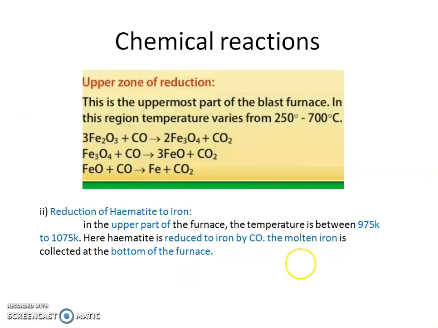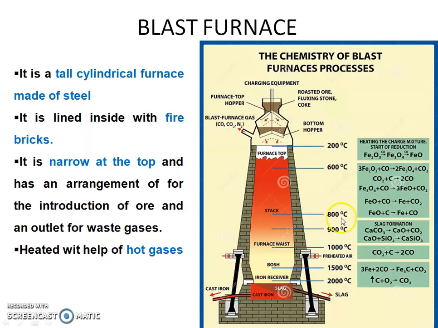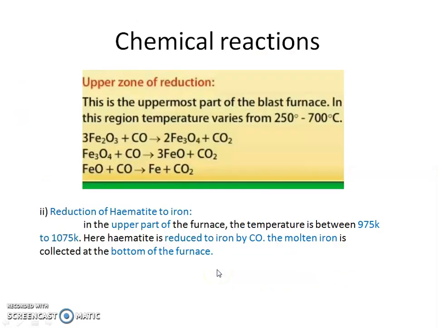Now the second step is the upper zone of reduction. We know that here the smelting is going on, so reduction is going on. The reduction happens in the upward movement, from 800 degrees Celsius to 1000 degrees Celsius.